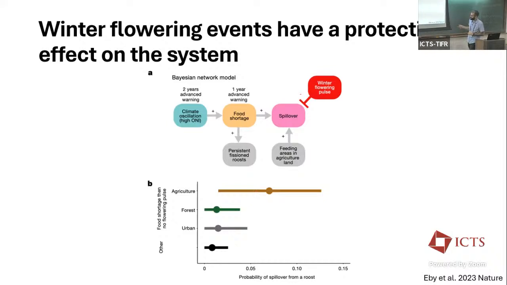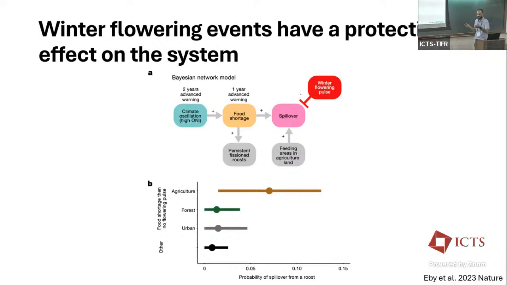And when they're foraging in an agricultural area, they actually have the highest probability of a spillover from a given roost, right? In forest and urban areas, there's a bit lower probability that there's going to be a spillover. So it's really these agricultural areas where they're intersecting with horses where you actually have the opportunity for spillover. But if you have these winter flowering pulses, right?